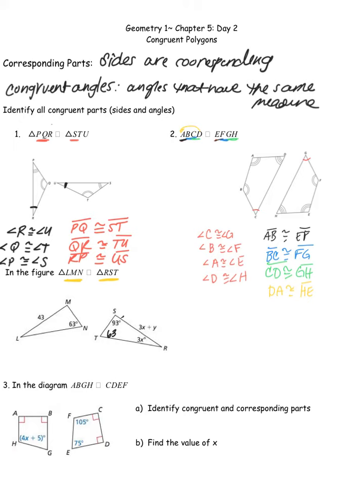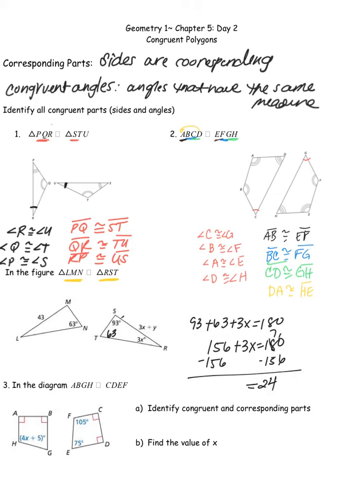Because we know all 3 angles in a triangle equal 180, we can do 93 plus 63 plus 3x, and we know that equals 180. So that gives me 156 plus 3x equals 180. Subtract 156, and I get 24 equals 3x, so we know x is 8.